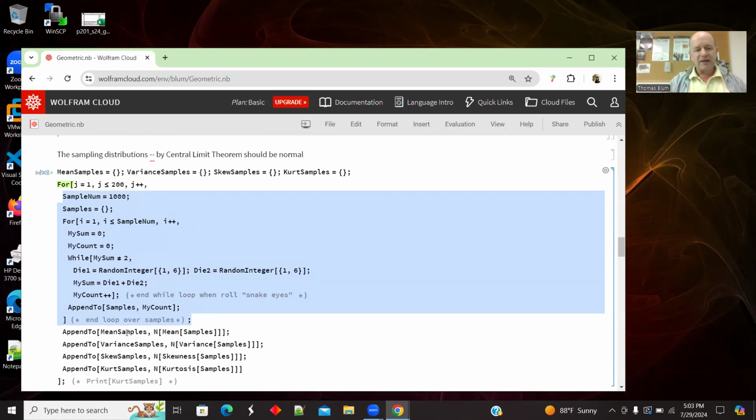I am getting the mean. So I'm going to get my samples, but then I'm going to throw them away. So I get 10,000 samples. I calculate some quantities. I throw them away. I start again. But what am I collecting for each sample of 1,000? I'm collecting the mean, the variance, the skewness, and the kurtosis.